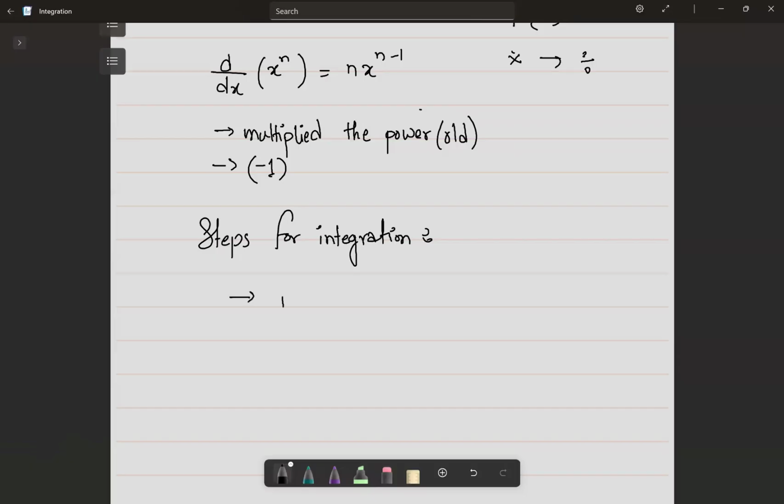You will add 1 because you are going back. And then the next one was you multiplied the old power. So what will you do? The opposite of multiplication is division. So you will divide the power, but this time it won't be the old one, it will be the new power. So that gives us the formula for indefinite integration.